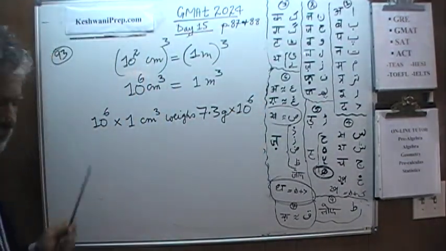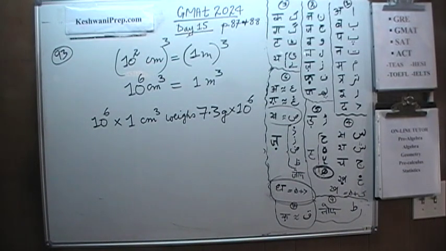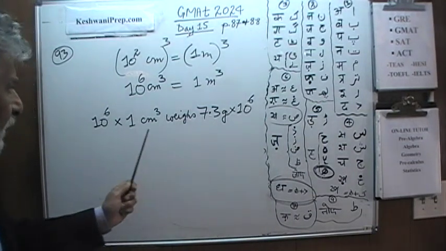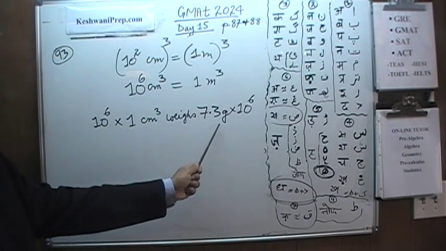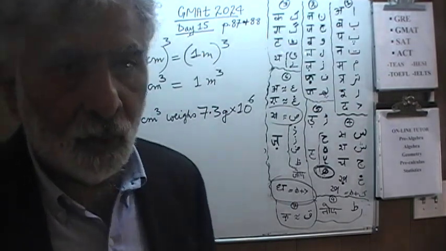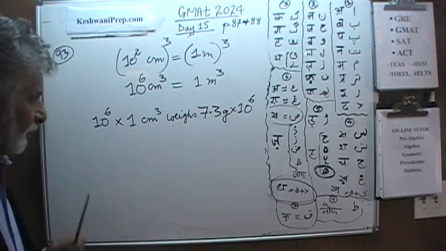And that's our answer. We just have to work on it. But another problem is that we are dealing with cubic centimeter and gram. The question was, what is the mass of this substance which has a volume of 1 cubic meter in kilogram? We'll deal with that later. Let's continue with this thing.